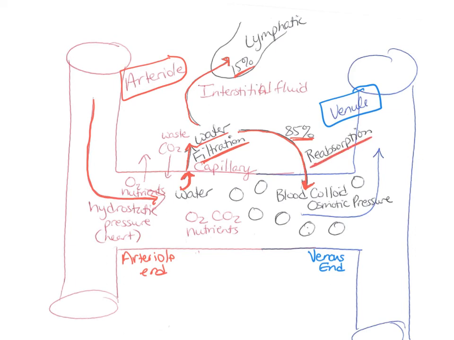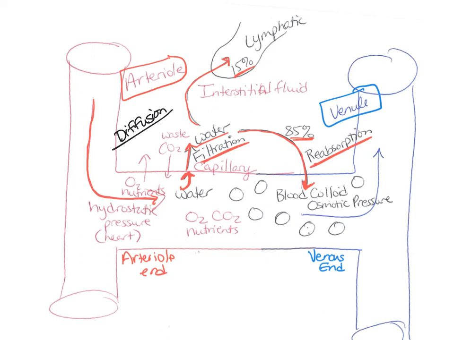So there are also some other movements of things across the capillary wall that don't occur because of this hydrostatic pressure. One thing is called diffusion. Diffusion, like we talked about early on in the semester, is the net movement of ions and molecules from a high concentration to a low concentration.